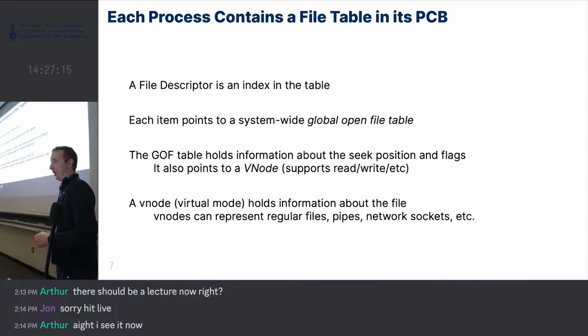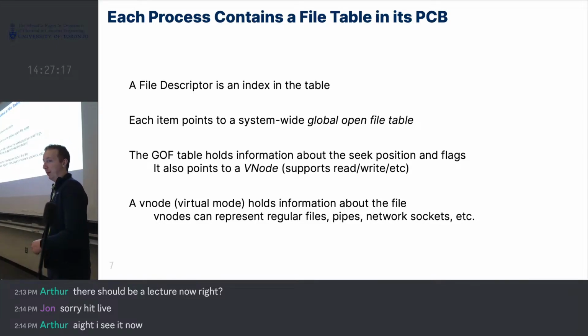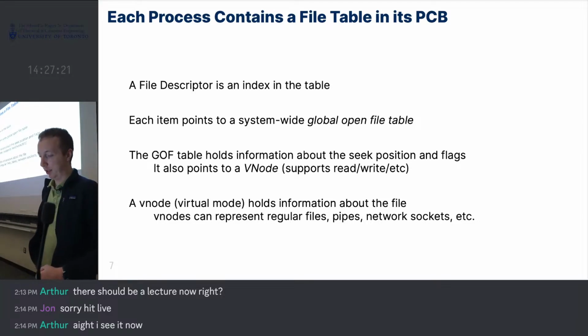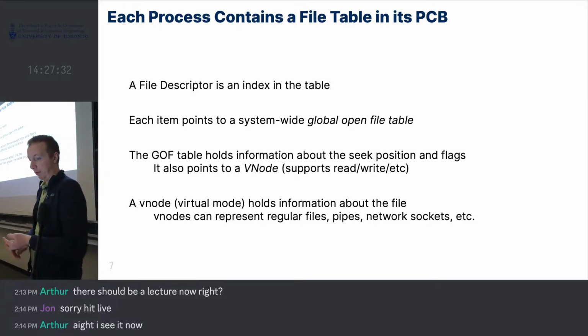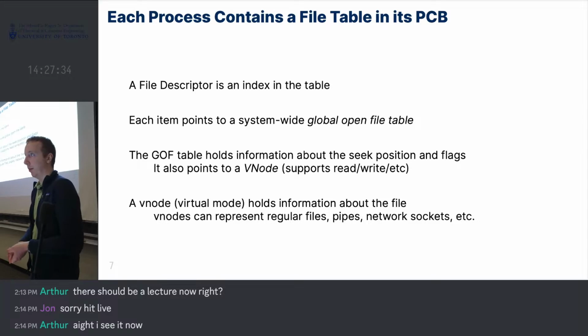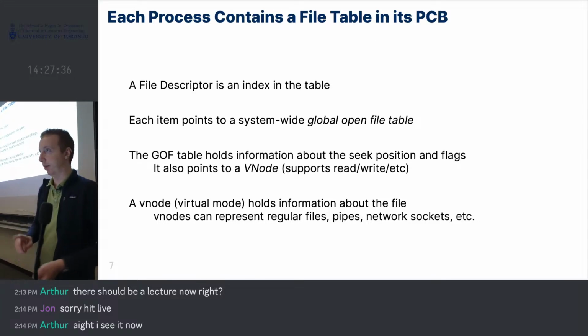So we shortened the global open file table to GOF. Why we chose that name, I don't know. We're really terrible at naming. So the global open file table, or GOF, holds information about the seek position, the flags, and points to that vnode, which is just some resource that supports reading and writing bytes.